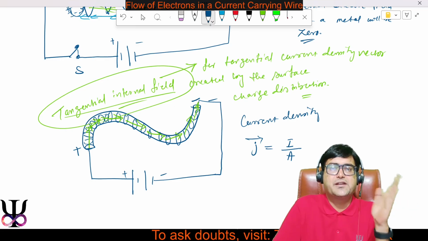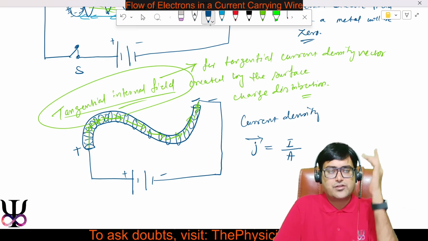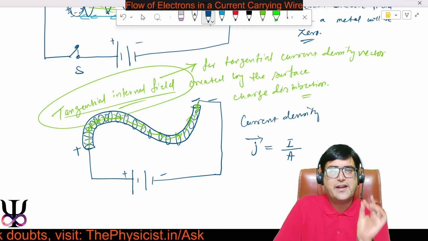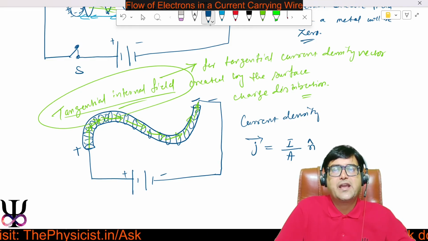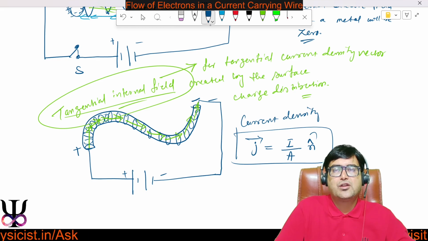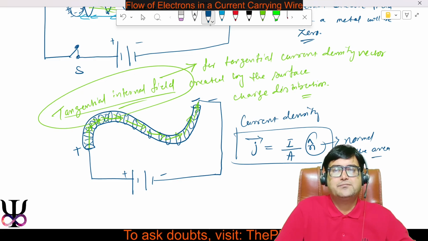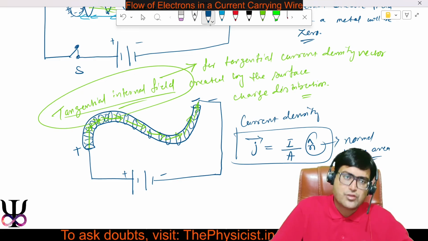So current divided by the area of cross section, multiplied by n cap. n cap is the normal to the area, right? Not along the current.